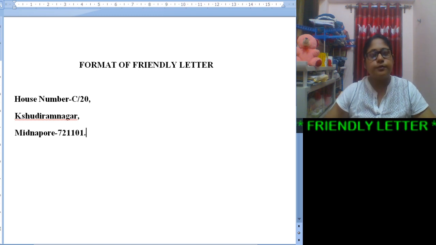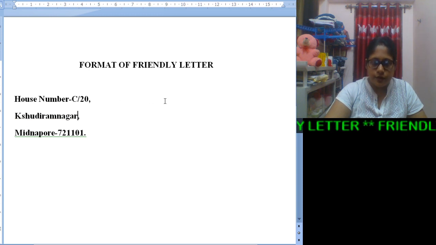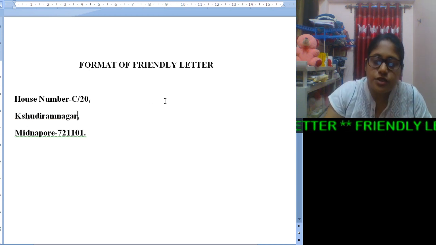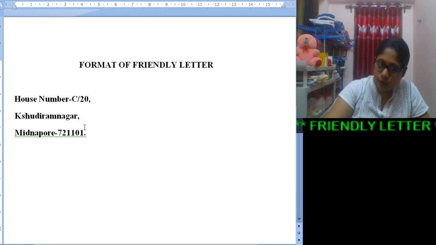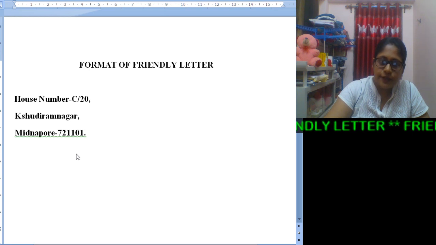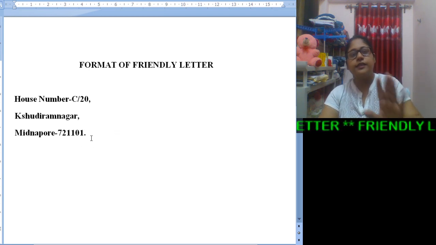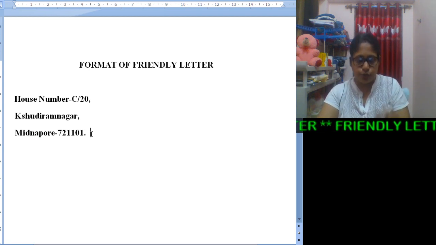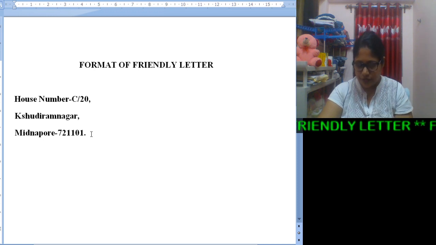Then you will put a full stop. So in sender's address I have written house number C20, comma, then Khudiram Nagar, comma, then Midnapur. I have provided hyphen and I have given pin code and then I have put a full stop. So here you all will find comma, comma, full stop pattern.